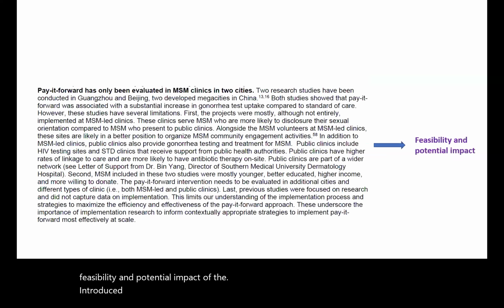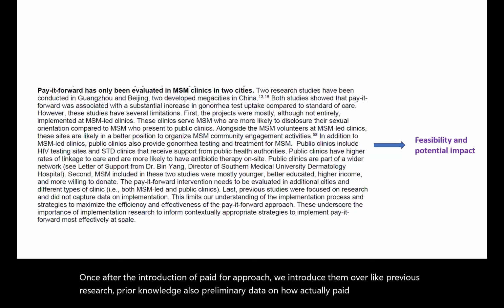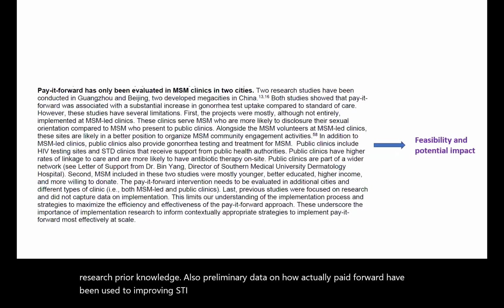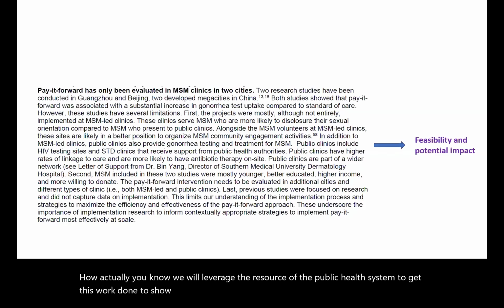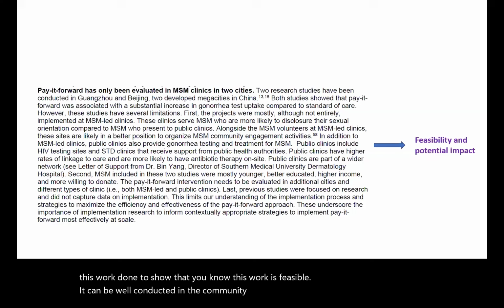For example, after the introduction of the pay-it-forward approach, we introduce our previous research, prior knowledge, and preliminary data on how pay-it-forward has been used to improve STI testing in community settings or in hospital settings, and how we will leverage the resources of the public health system to get this work done, to show that this work is feasible. It can be well conducted in community settings or in the public health system of the province.